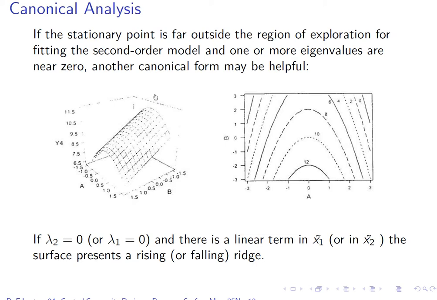And to get out here, we can't just use the second order terms, so it might be helpful to fit the model with linear terms, the first order terms, which I did not show you in the example 3 slides before.